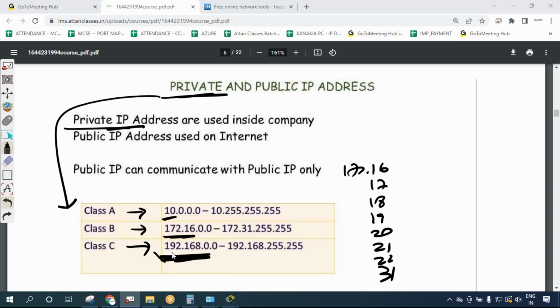Remember and memorize this. These IP addresses are not on the internet. They are not the IPs of Google, Facebook, Yahoo.